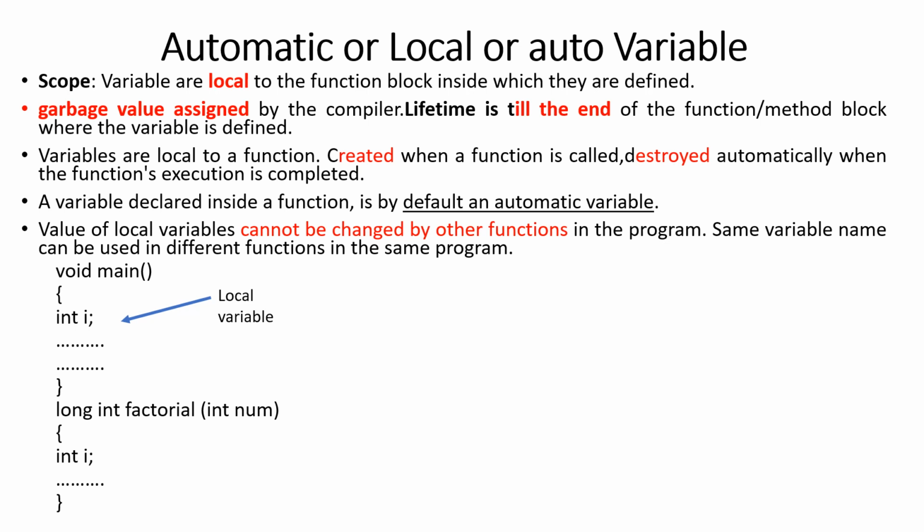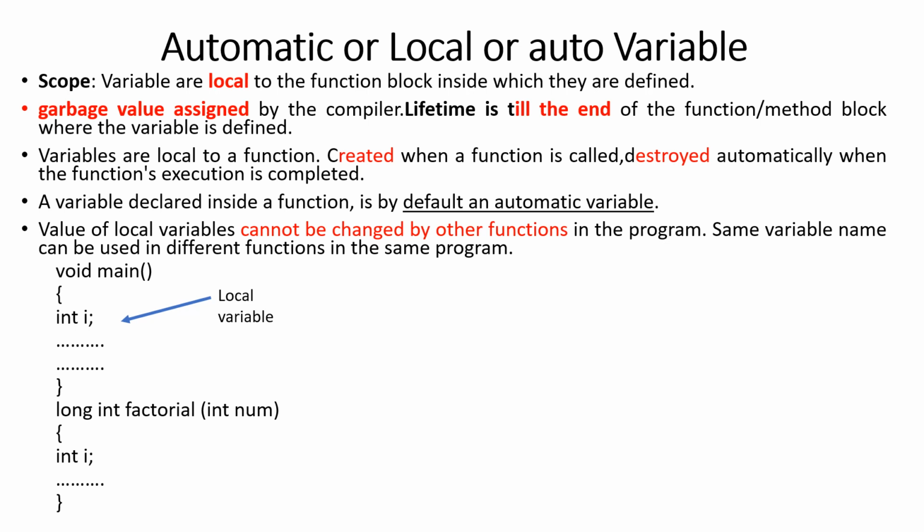The initial value is not initialized to 0. So any automatic variable we have to initialize, otherwise some garbage value will be assigned by the compiler. The lifetime of an automatic variable is till the end of the function or the method in which the variable is defined.